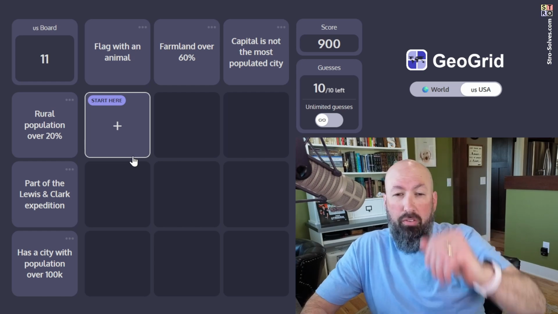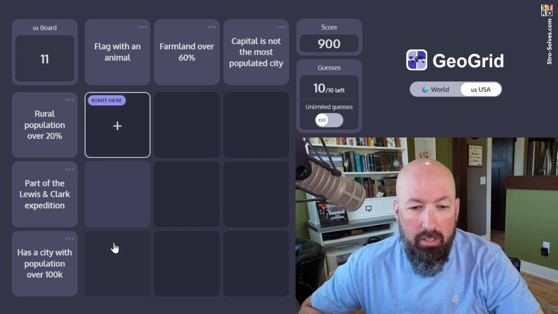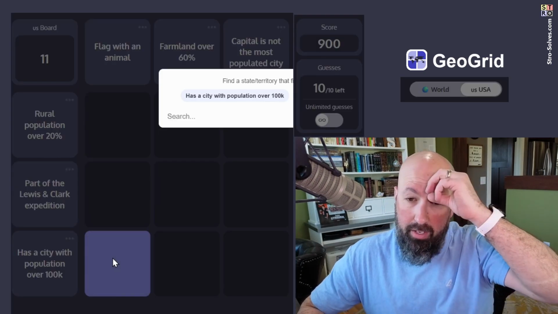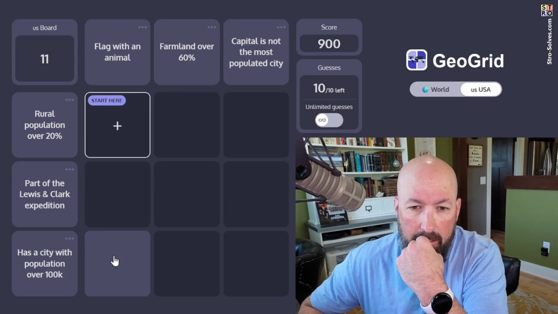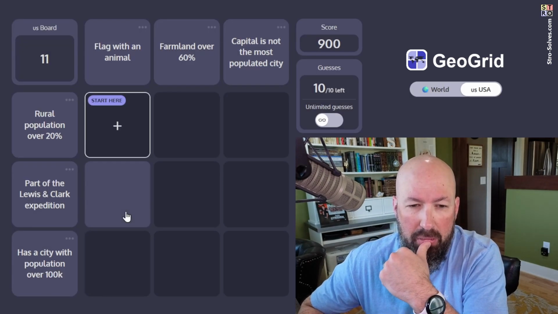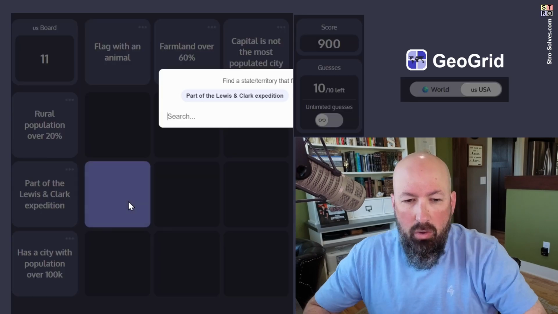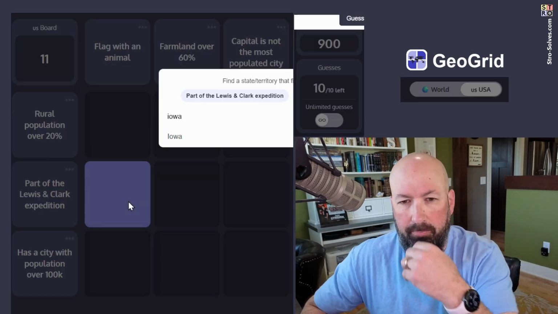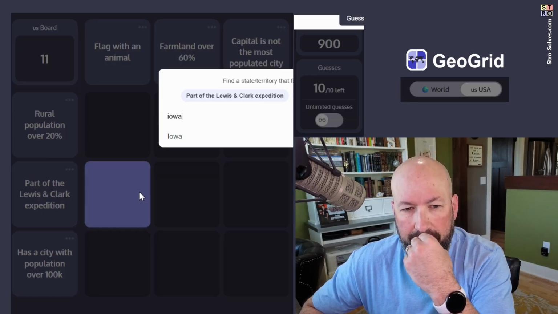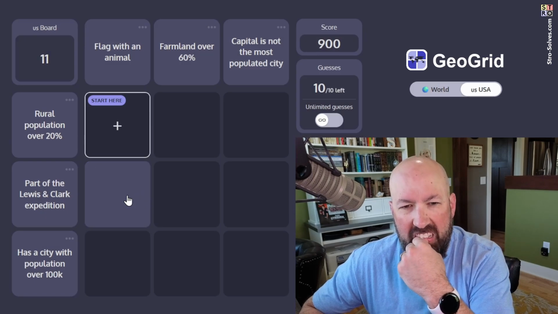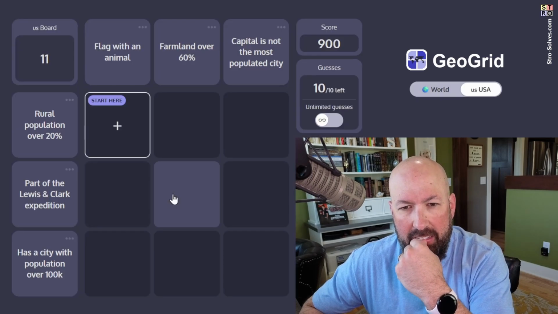California, if we're going with flags with animals, I think would only fit down here. Wyoming. Was Wyoming part of the Lewis and Clark expedition? I'm not positive. Let's do Iowa here. Or do I want to do Illinois and save Iowa for the farmland column?